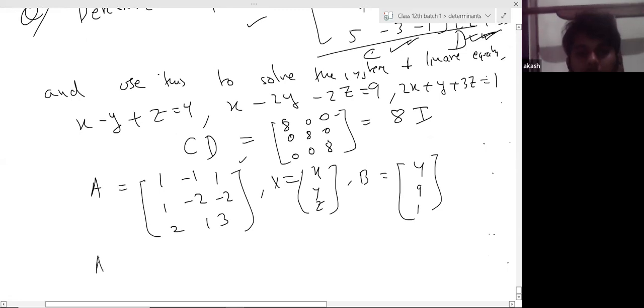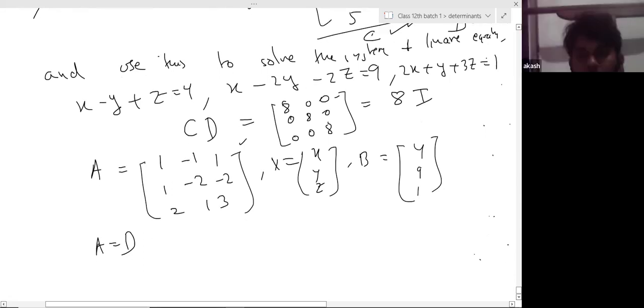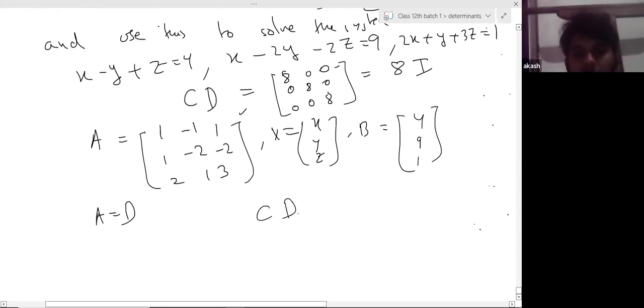We have A matrix equals D matrix here, right? Yes. Now we know that C times D is 8I. Does anyone get any hint how to find A inverse here?